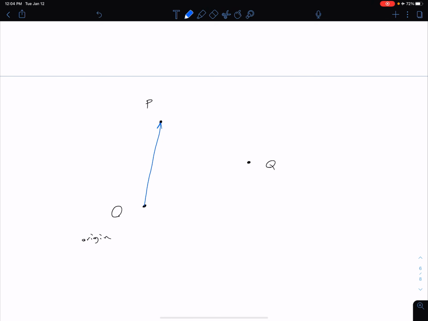We would have a position vector for P, which would be r sub P, and a position vector for Q, which would be r sub Q. So in blue we have our position vectors.